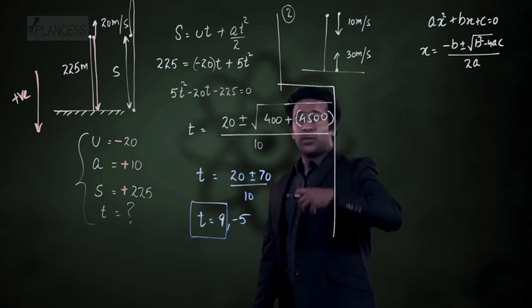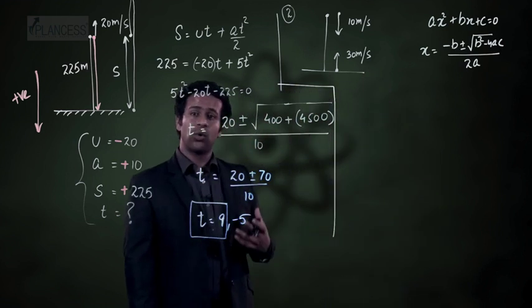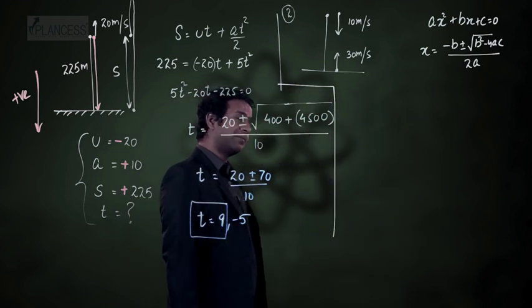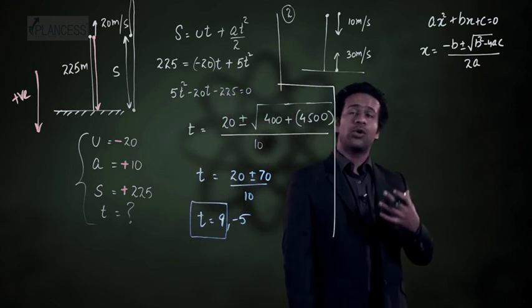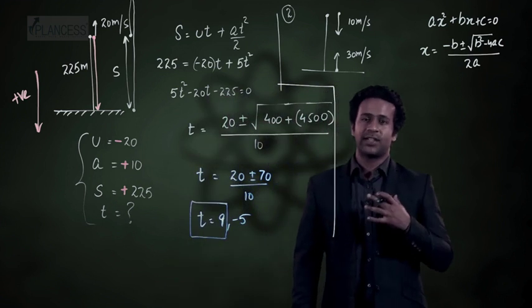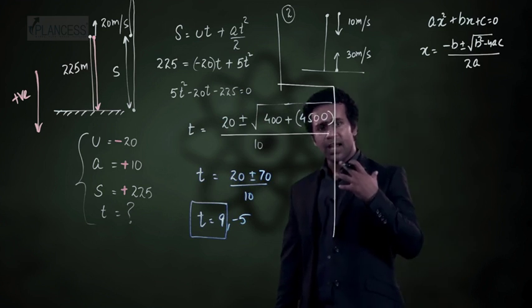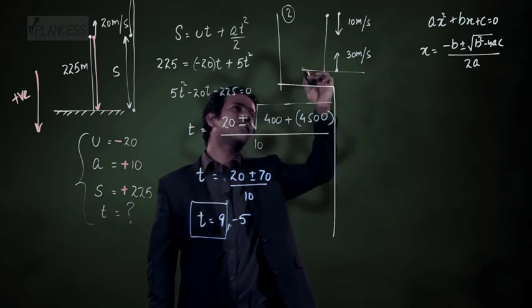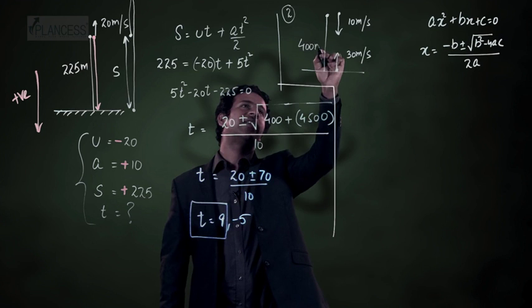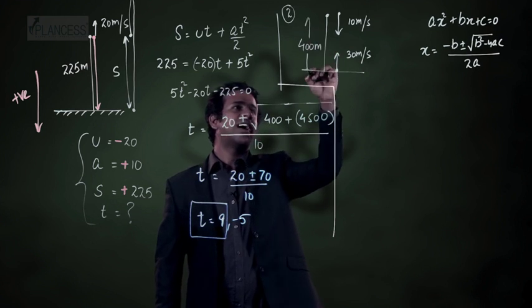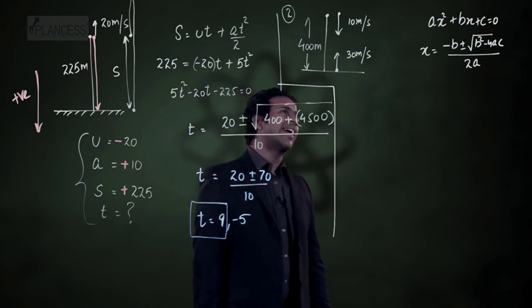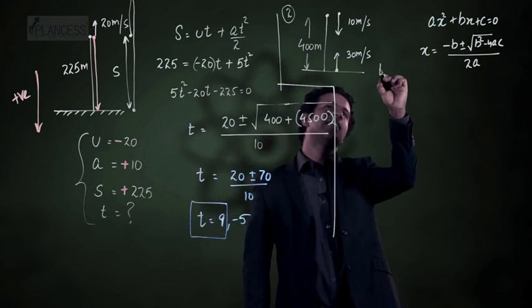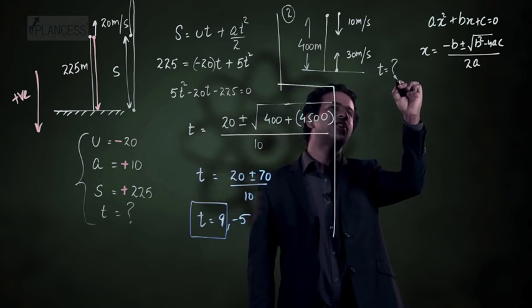The first, which is being thrown downwards, has been thrown with a speed of 10 meters per second. The second has been thrown upwards with a speed of 30 meters per second. If it is given that the height of this tower is 400 meters, we are interested in finding the time after which these two balls collide.